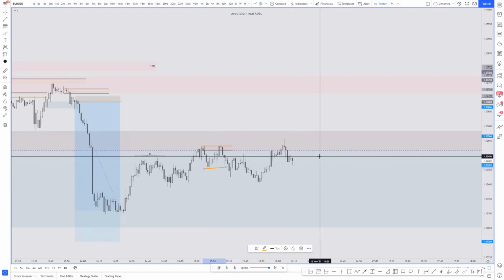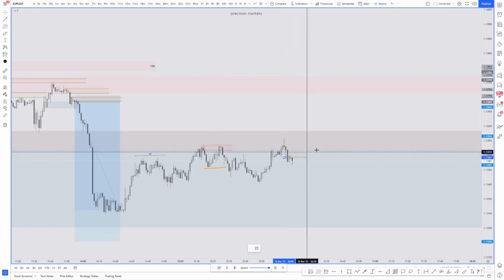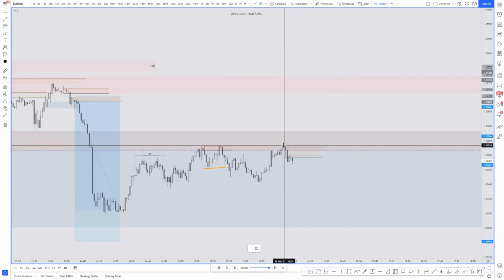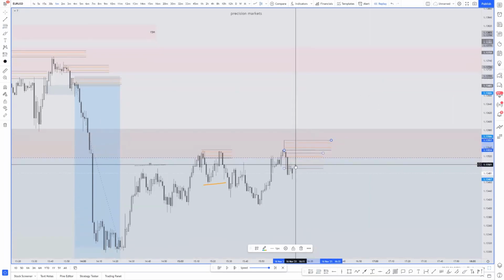Let's see. So this is kind of a weird one. You have entry 1 would be right here. Entry 2 would be right here. Now, anytime the two are touching, I always like the extreme. The only other thing is we have a wick on each side.